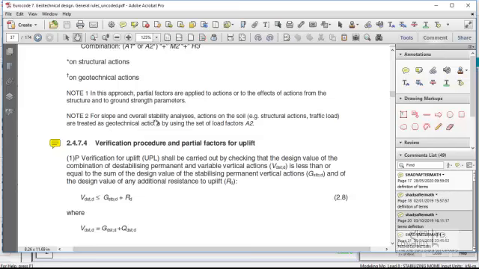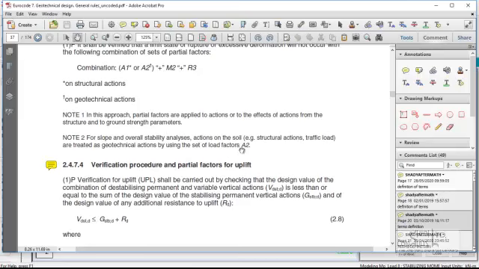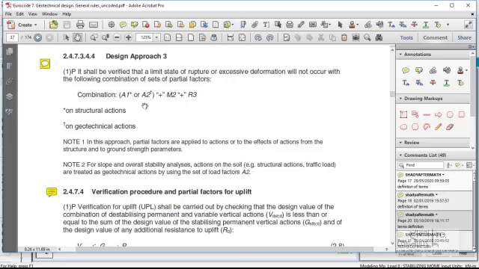Now for slope and overall stability analysis, we want to look at the stability against sliding. For actions on the soil, such as traffic load, we provide surcharges. We are referring to lateral loads now. Structural actions are treated as geotechnical actions by using the set of partial factors A2. So we want to ensure that the lateral forces providing sliding forces do not exceed the resistance of the soil.